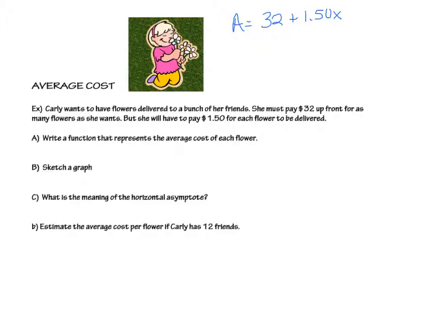But we're looking at what's it cost per flower. So what we would do is we would divide that by X. Divide it by how many flowers she gets. Okay, so looking at that, let's go ahead and clean this up a little bit. We have A equals, I'm going to go ahead and divide both of those by X. So it's going to look like this, 32 over X plus, here the X's are going to divide out and it just looks like $1.50.